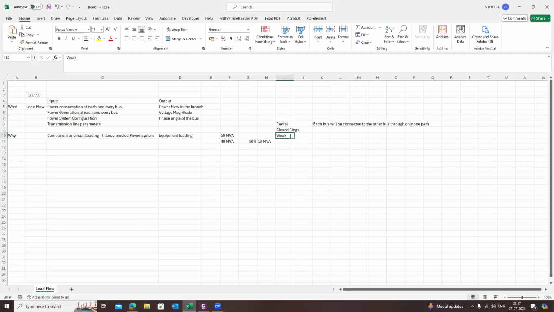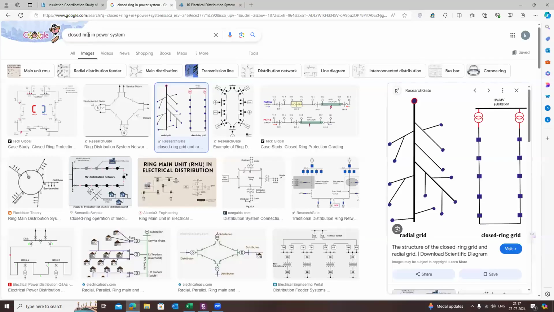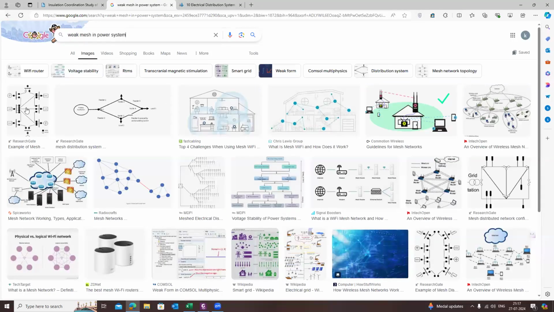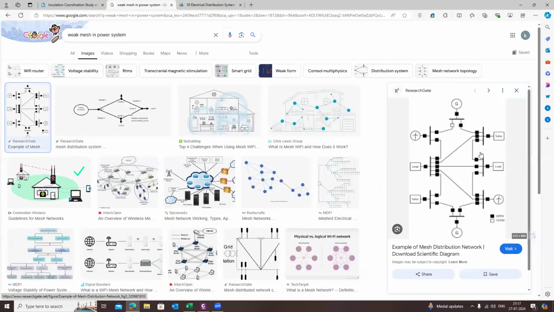Next one, let me note it down here, is the weak mesh system. So what is the weak mesh system? In a weak mesh system, very few parallel paths are available. Suppose something like this. This is the weak mesh distribution network.